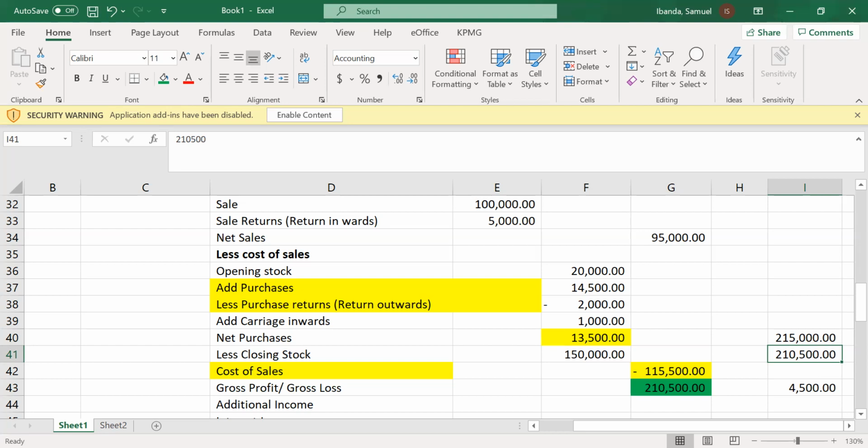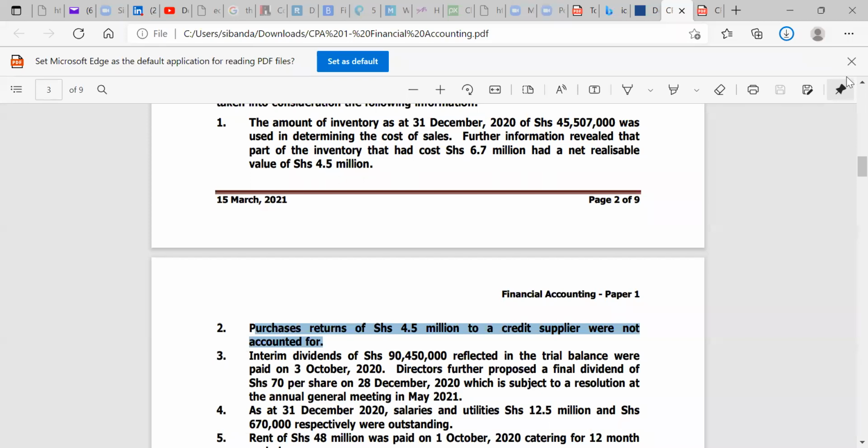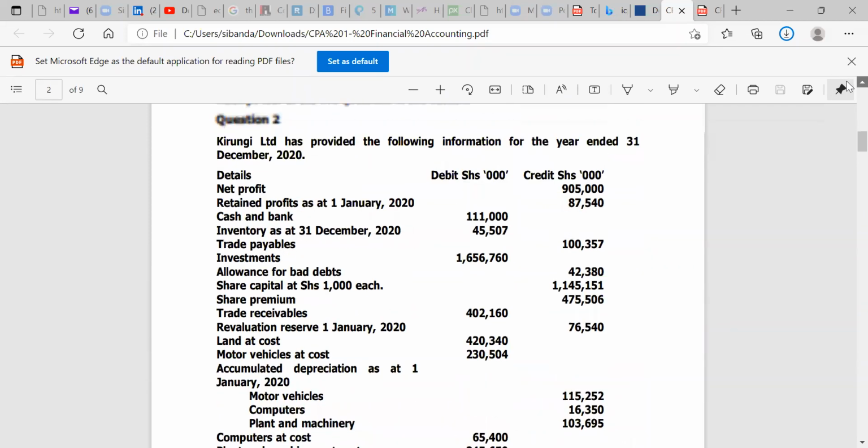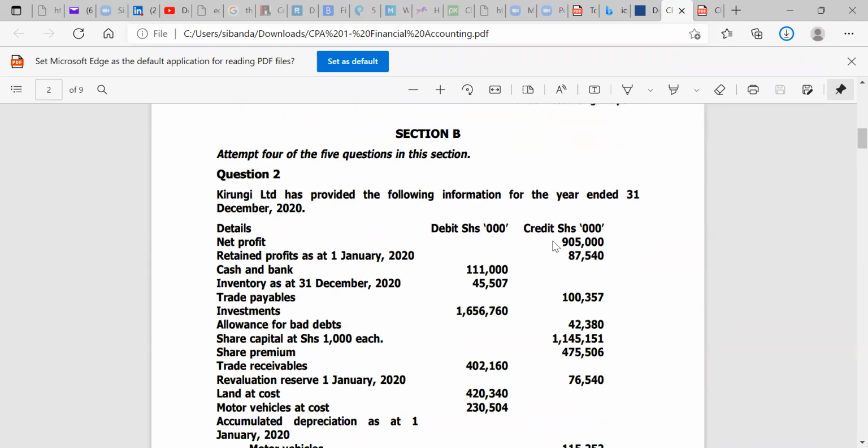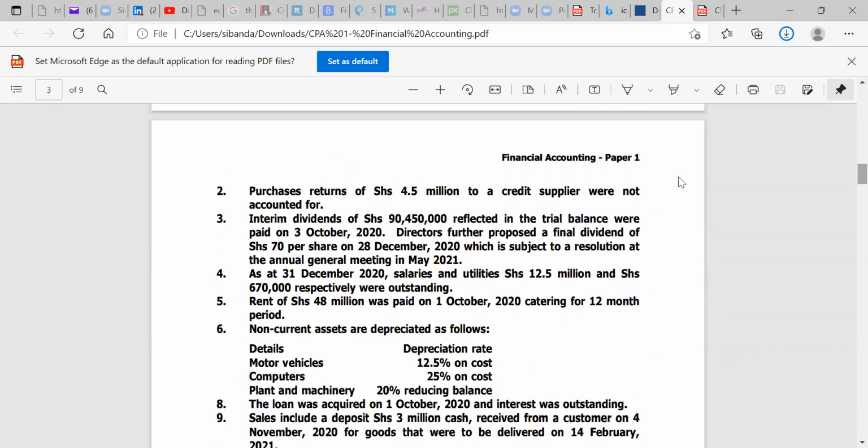So if the question is giving us that within this question, we have a net profit of 905, and this 905 was gotten before taking into consideration these purchase returns, your question should be: once I consider this 4.5, what will it affect my profits? It means that your profits will go low by the same value.